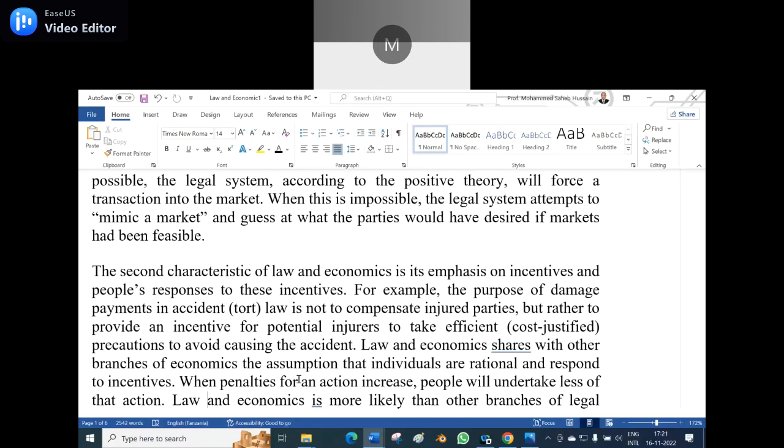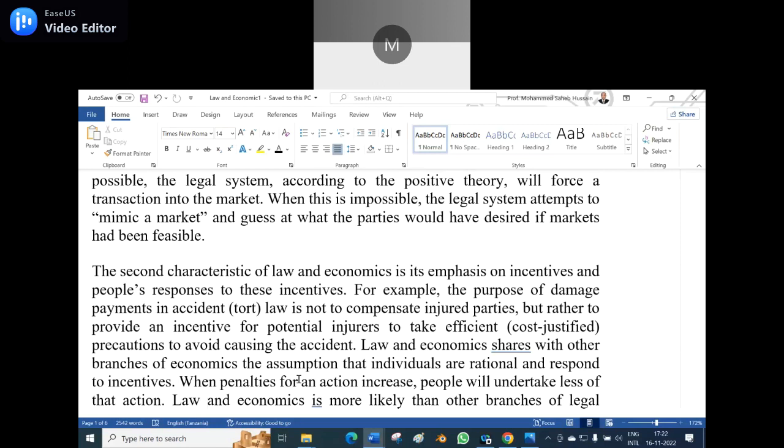For example, the purpose of damage payment in accident tort law is not to compensate the injured parties, but rather to provide an incentive for a potential injurer to take efficient, cost-justified precautions to avoid causing the accident.